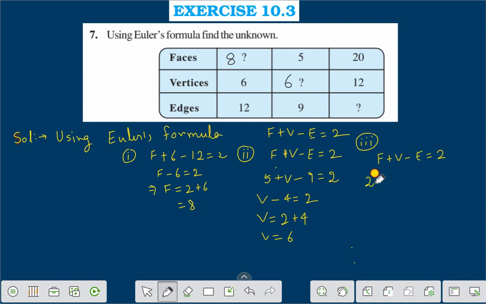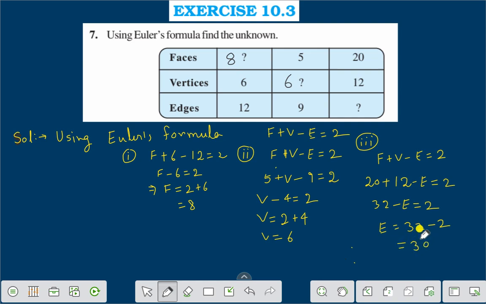Faces is 20 plus vertices is 12 minus e is equal to 2, or 20 plus 12, that is 32, minus e is equal to 2, or it can be written as e is equal to 32 minus 2, and that comes to 30.